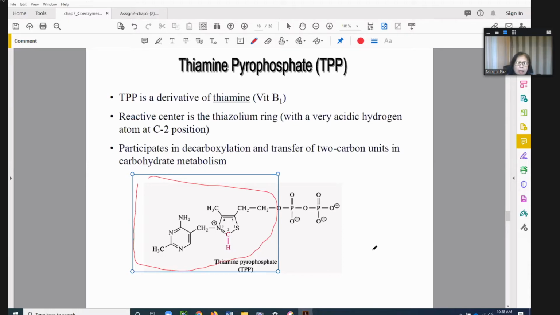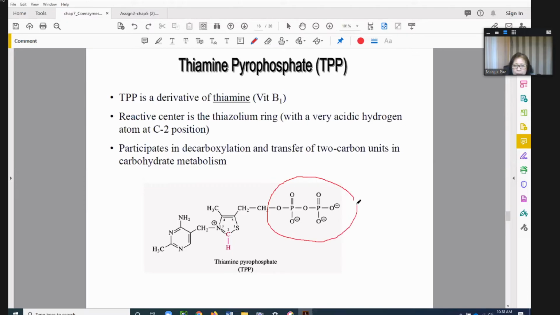How is TPP synthesized? TPP is synthesized by transferring a pyrophosphate to thiamine. So we get this whole structure here, which is TPP. This pyrophosphate here is donated by ATP.